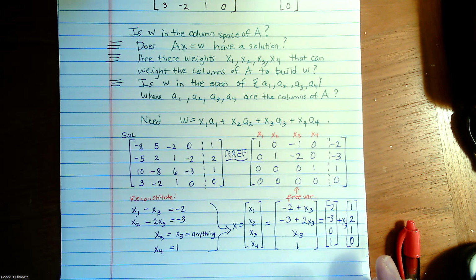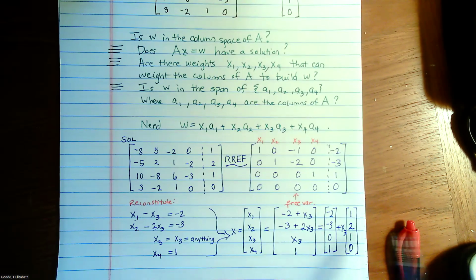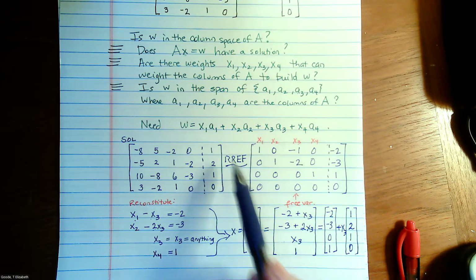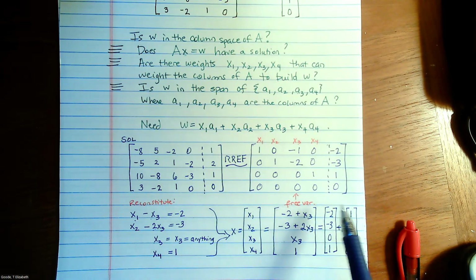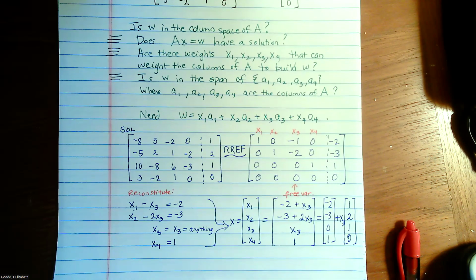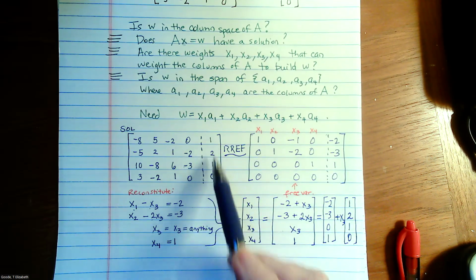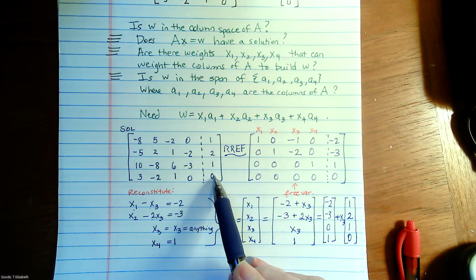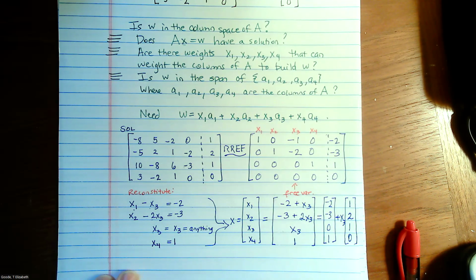We have a solution. We have infinitely many ways to build this W, because we can use any value for X3 and it'll build this particular W. And in fact, this is a basis vector. But anyway, it's not quite a basis vector, sorry.